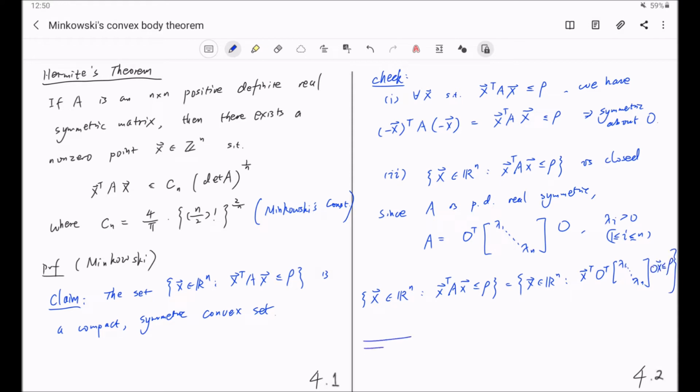Now, if you do a change of variable, if you take the vector y to be equal to O times x, remember here O is an n by n orthogonal matrix, it follows that this set can be written with x equal to O inverse times y, where y^T times this diagonal matrix times y is less than or equal to rho.